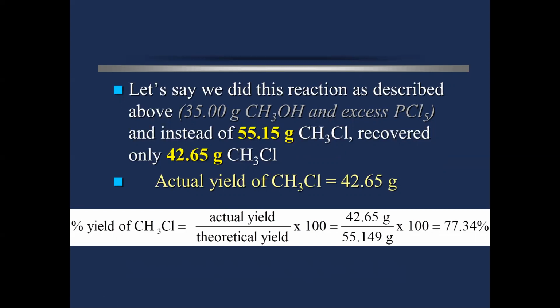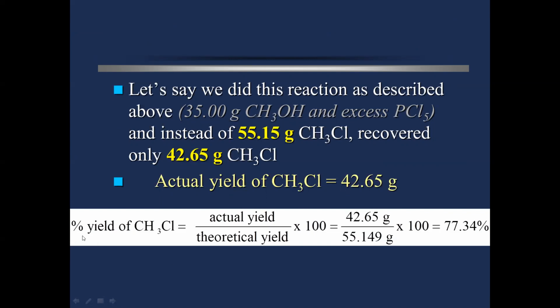That means some error in the experiment. But anyway, let's assume one student did this experiment and the real product is 42.65 grams. Then that is the actual yield. Compared with before, the theoretical yield is this one, and the actual yield in the real experiment is 42.65.